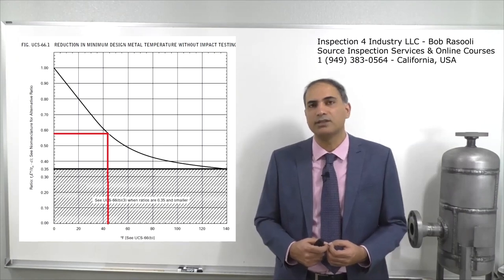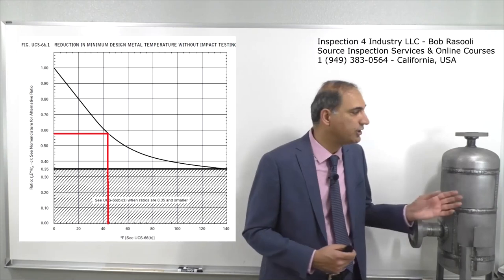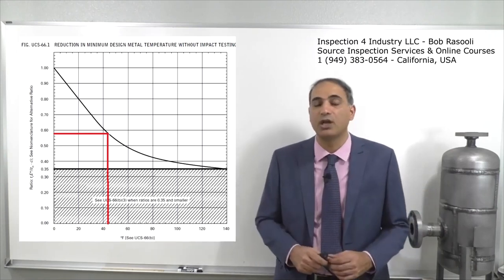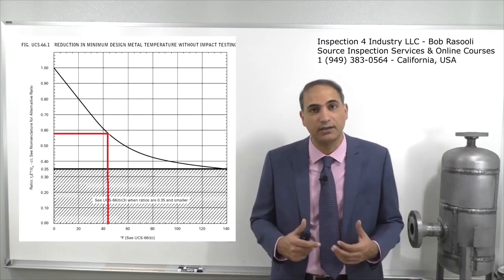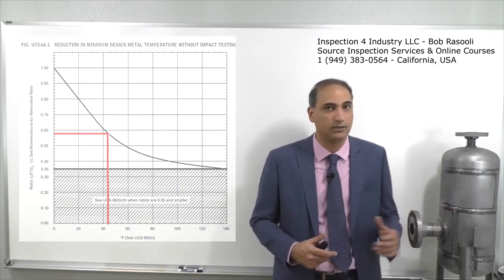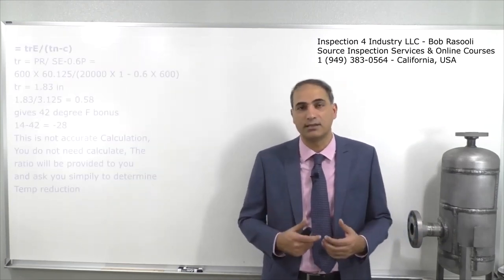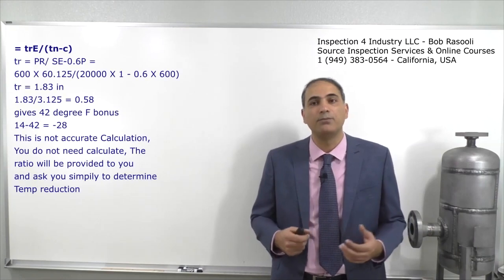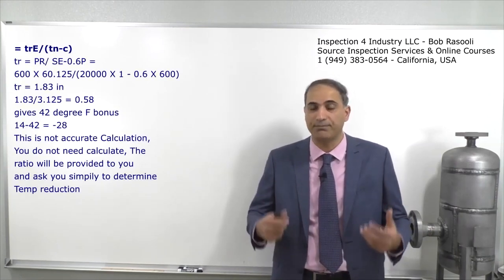So what was our temperature that we could use this material with the 3.25 inch without impact testing? It was 14 degrees Fahrenheit. Now I'm going to deduct 42 degrees Fahrenheit from the 14, because I'm getting some credit, some bonuses in here. So my new temperature is going to be the new MDMT without impact testing.